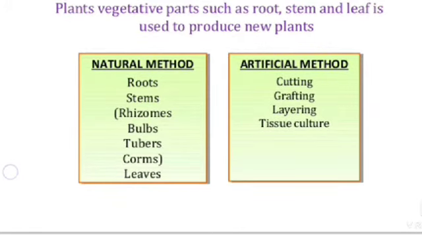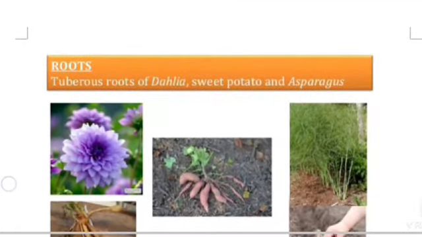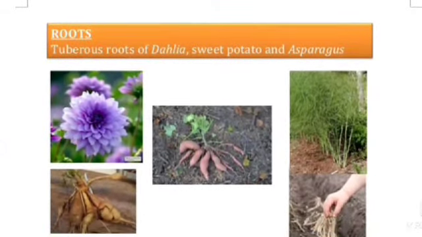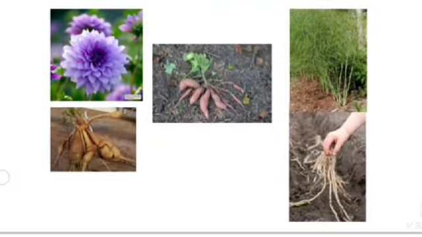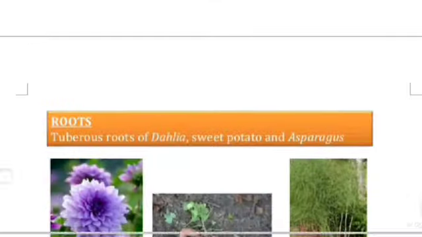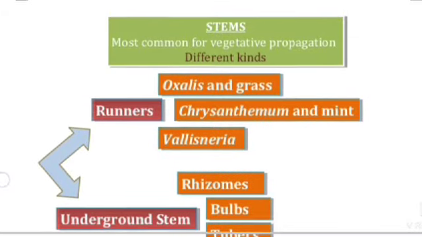Artificial method: cutting, grafting, layering, tissue culture. Roots: tuberous roots of dahlia, sweet potato and asparagus. Roots, stem.